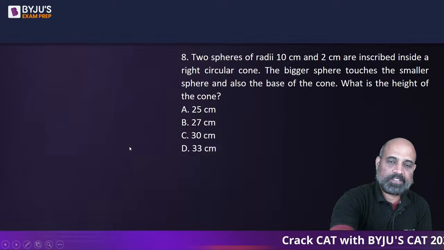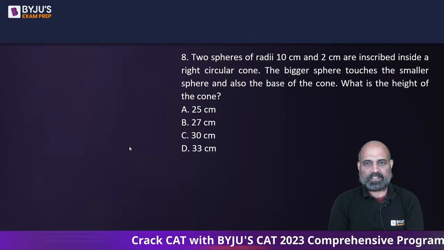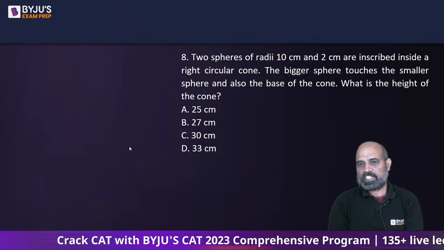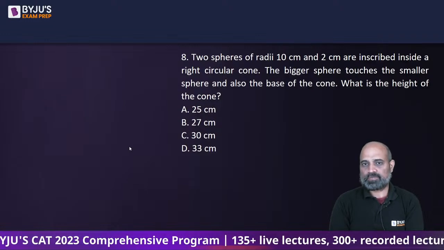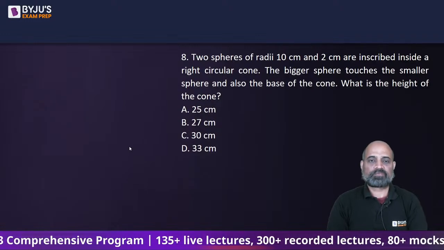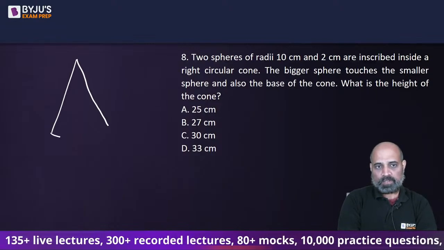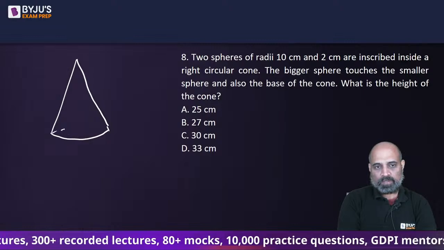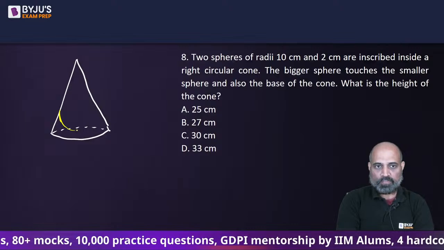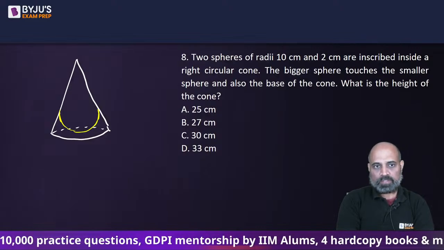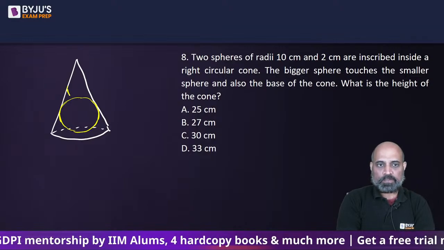3 by 8. Next, two spheres of radii 10 and 2 are inscribed inside a right circular cone. The bigger sphere touches the smaller sphere and also the base of the cone. What is the height of the cone? Okay, so again we have a cone. Now we have a sphere that touches the base of the cone, the sides, and then we have a smaller sphere.